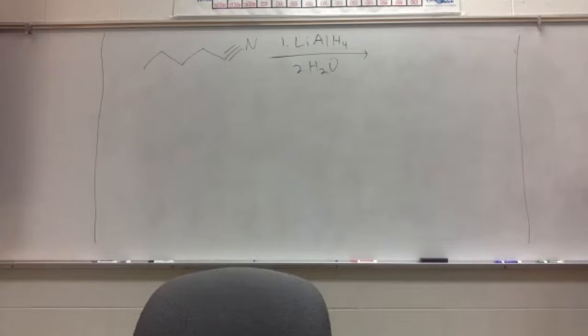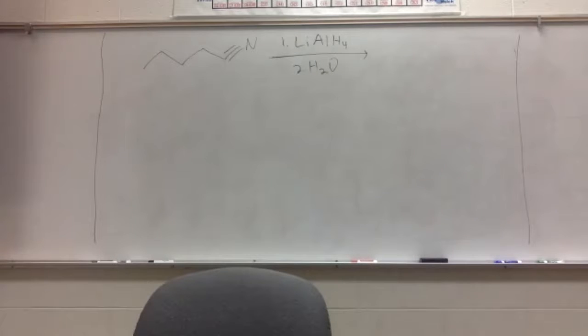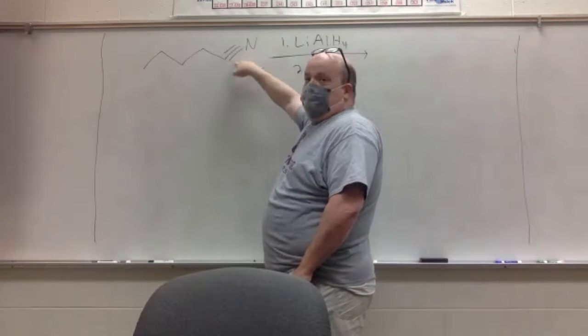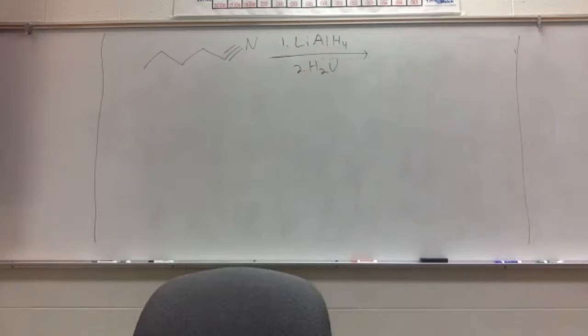All right, so you have the same basic setup, right? Strong hydride source followed up by water, right? And so if you remember, the purpose of a hydride source is to reduce a group, and that's exactly what we're doing here. We've got 3 bonds from carbon to nitrogen. If we're reducing that carbon, that means we're going to lower the number of bonds to nitrogen.